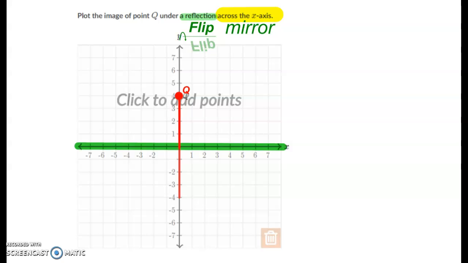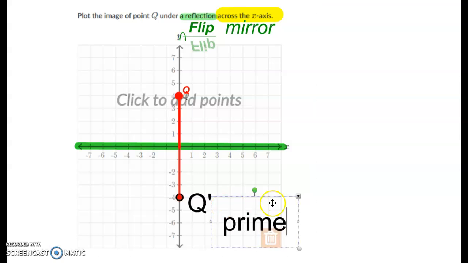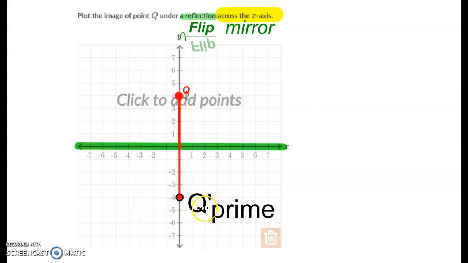And so I find that the new image is going to be here at the -4. And that's going to be called Q prime. We always use that word prime to indicate the new image. This was the original, and the new image over here, we're going to call Q prime.